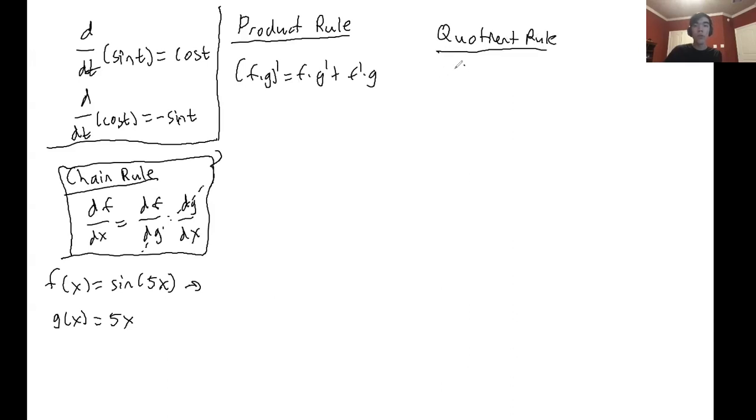Quotient rule: if you have (f over g)', this is the rule. These ones here are primes. Well, this is just a squared, so this is g squared. This isn't like g double derivative or anything. It's just normal g squared. I guess that's a problem with notation. Sometimes it doesn't look the best, but this is what it is.